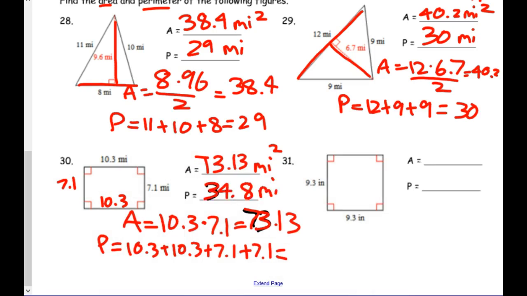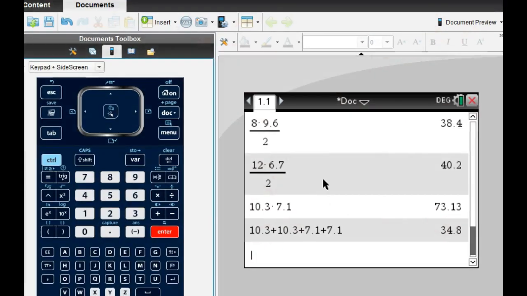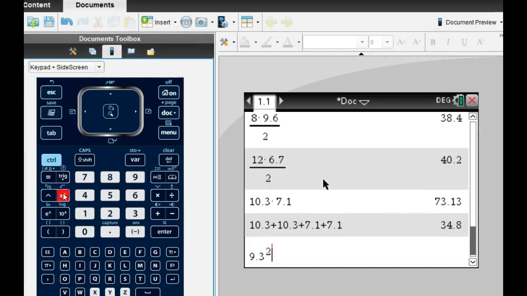miles. Okay, same thing on 31, except it's a square. So the area is 9.3 times 9.3, or you could write it as 9.3 squared.